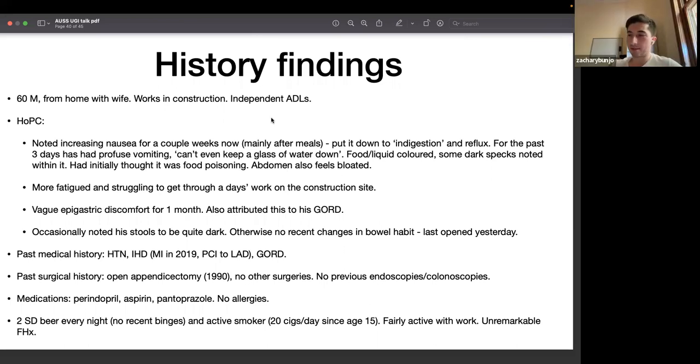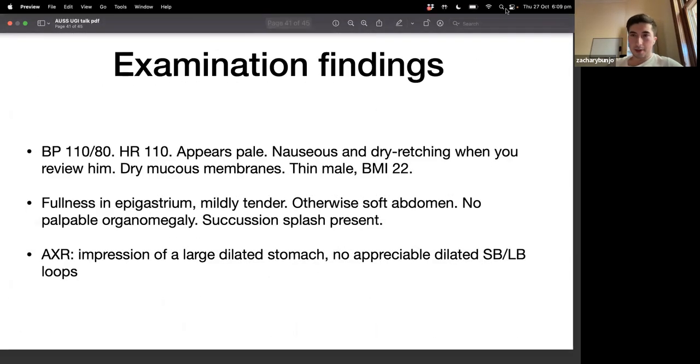So looking for areas of tenderness. And I'll show you guys the findings there. And you also get a pretty quick x-ray done. There's an impression of a large dilated stomach, no appreciable small bowel or large bowel loops that are dilated.